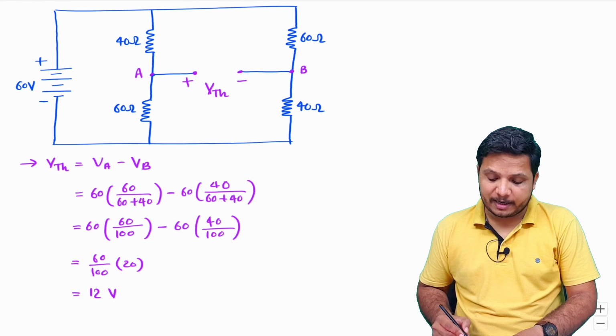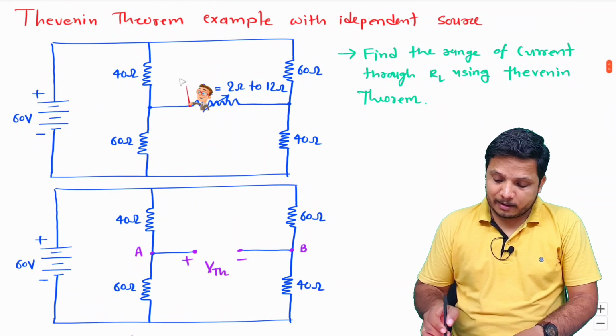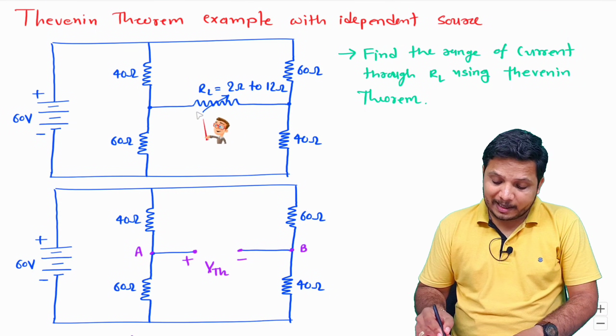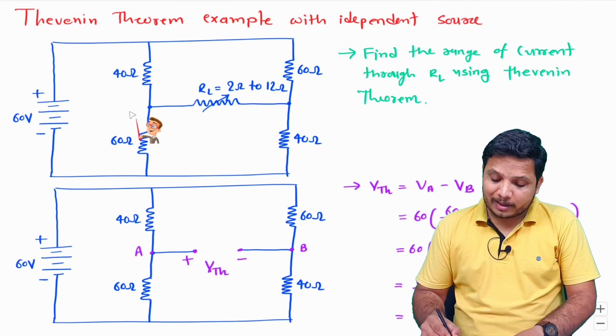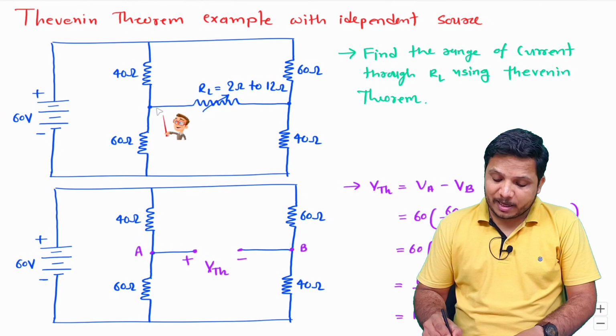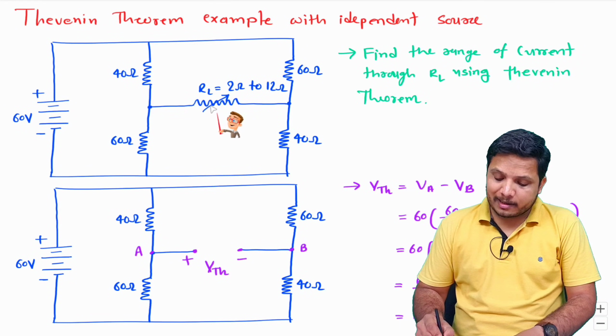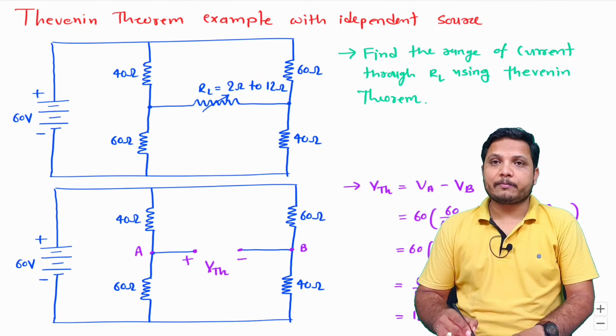Now for this circuit, we are asked to find RTH, right? To calculate RTH, RTH will be the equivalent resistance at these two terminals, provided the load is not connected, and for independent sources the voltage source should be short circuited and the current source should be open circuited.